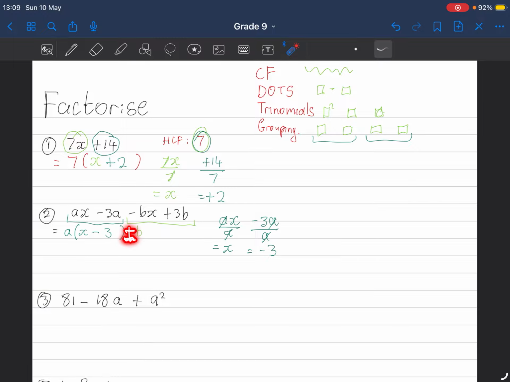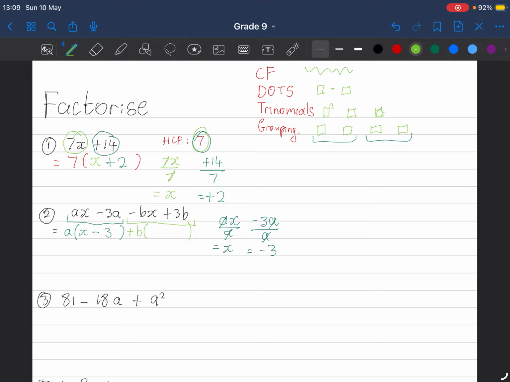There should be a sign that goes there. If I choose to pull out a normal b, that means there should be a plus there. Or, since our b is negative, I could pull out a negative b. But either way, there should be some sign over here. For this example, let's pull it out as a normal b and see what happens.